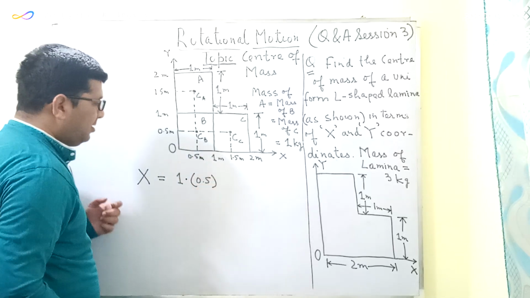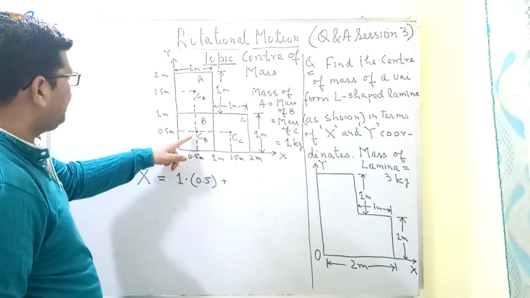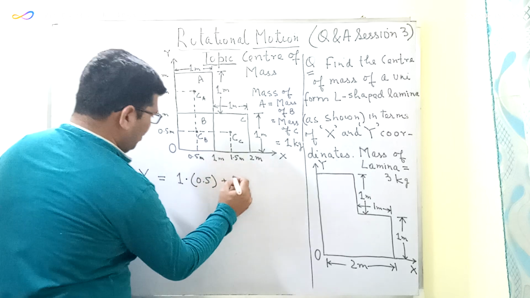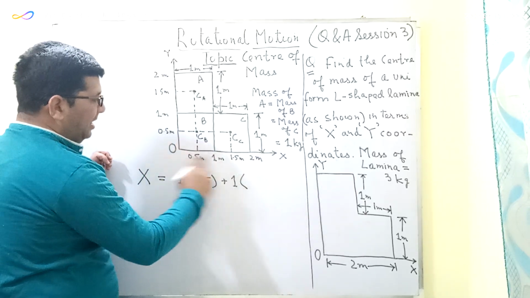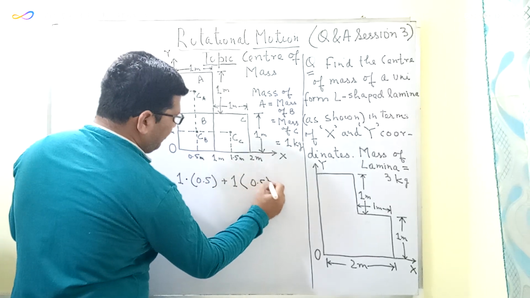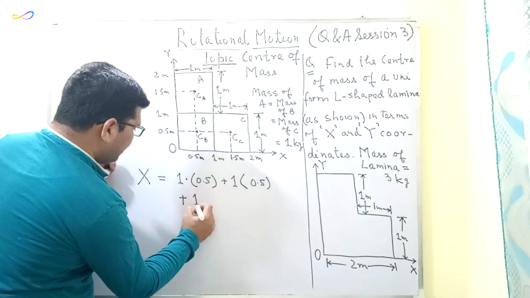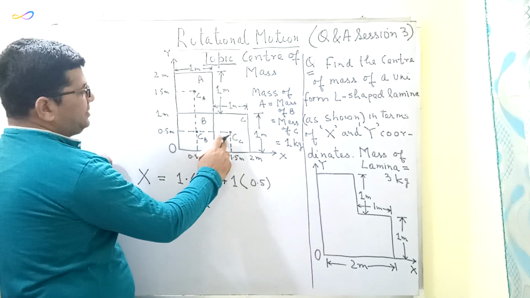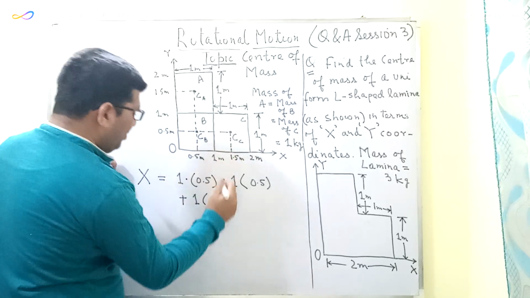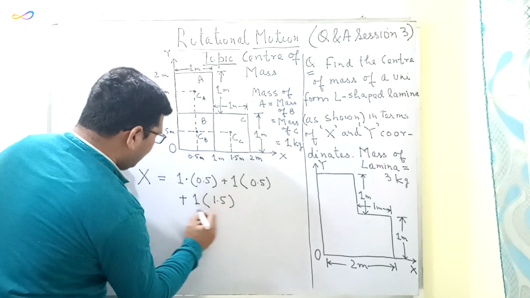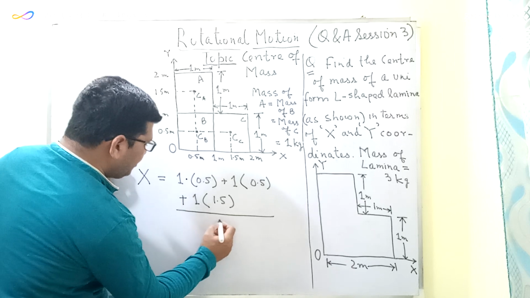Now consider this portion, the mass of this is also 1, and the distance of this center point along the x-axis is 0.5 meter, plus the mass of this section C is 1 kg, and the distance of this center along the x-axis is 1.5 meter, divided by the total mass, which is 1 plus 1 plus 1, equal to 3.